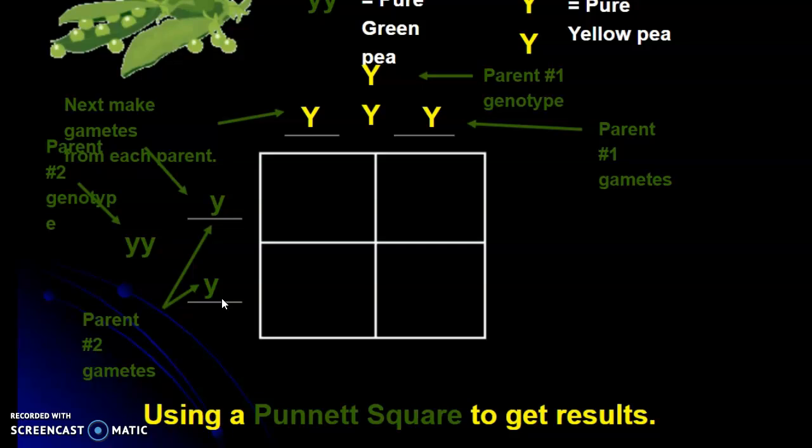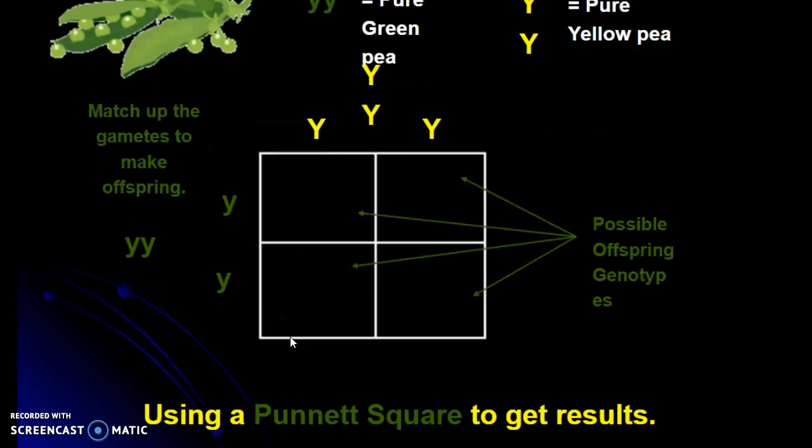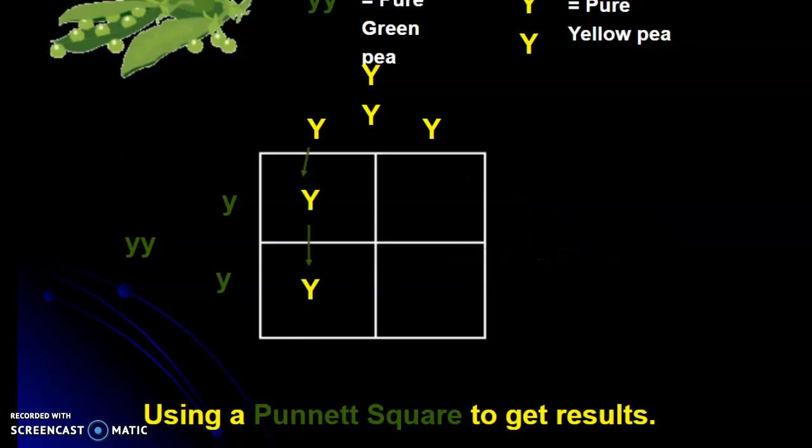Then we start filling in the square. Remember, the parents each have 2 letters, 2 y's. These have 2 y's, so the children need to have 2 y's. That's why we're splitting them apart. We have to look at the possible genotypes, and the genotypes are the letters. The best way to go is just to go down, big Y. If it's a big letter, I always write it to the left, and if it's a little letter, I write it to the right.